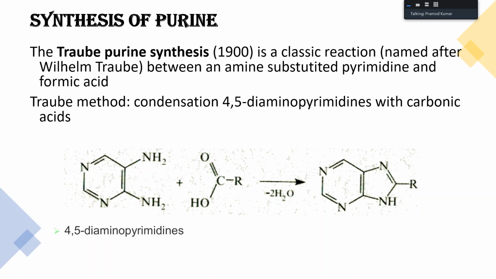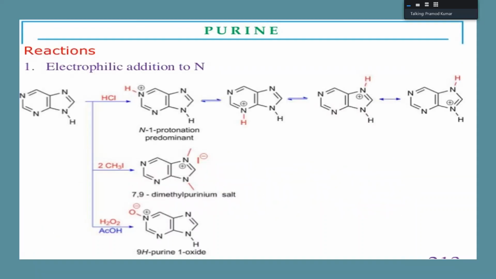It reacts with carboxylic acid, that is acetic acid, formic acid, any acid you take, benzoic acid, you get 8 substituted 9H purine molecule. Okay, so this is the first method. This is the only way where it is synthesized.